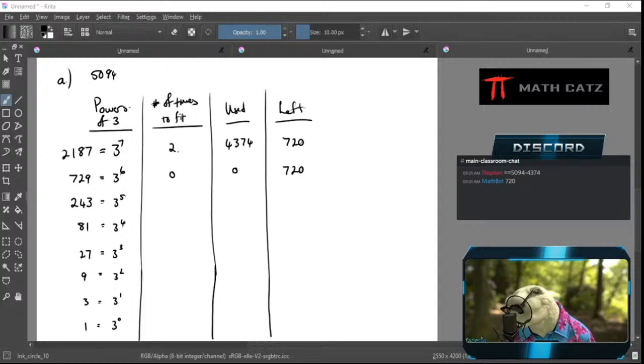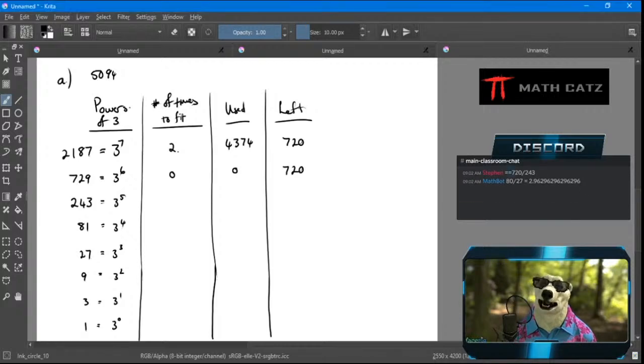So 720 divided by 243, and we see it was almost 3, but it was not. It was 2. I've used really only times 2. That's 486. Another one would get me so close, but not quite.